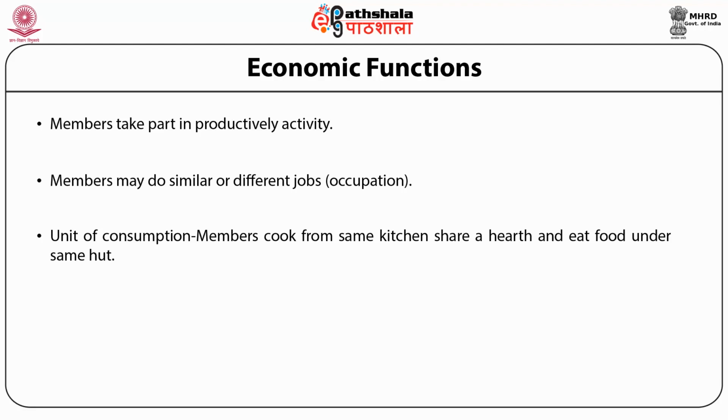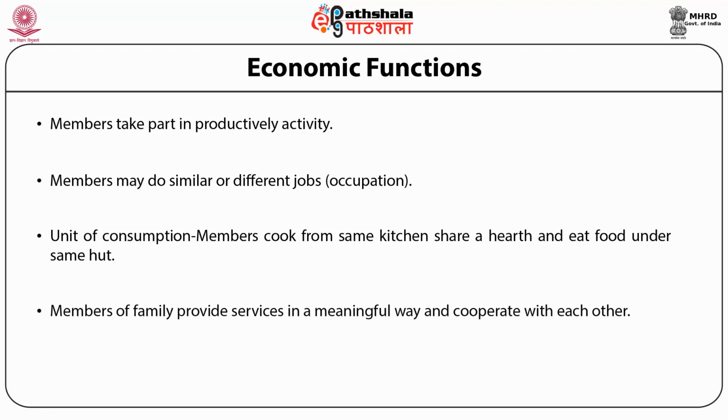This binds members close together. Still today, in many families, having dinner or lunch together is followed, which reflects a close emotional bond between them. Members of the family also provide services to each other in a meaningful way and cooperate with each other.